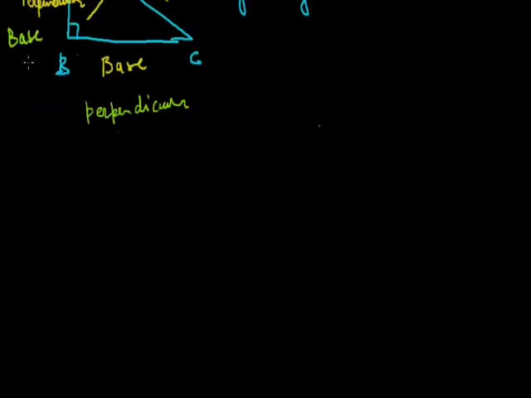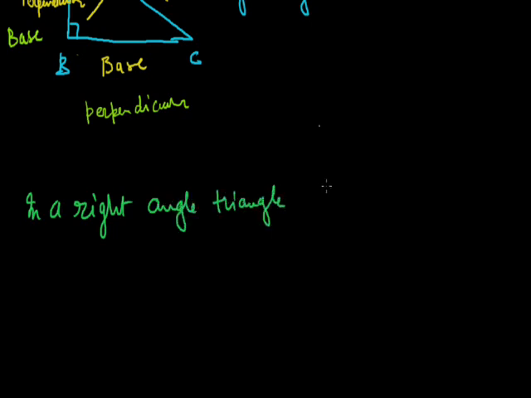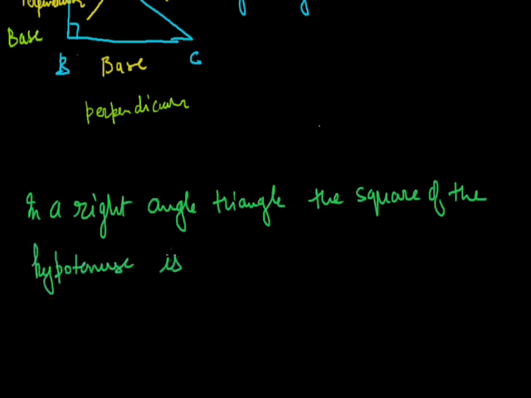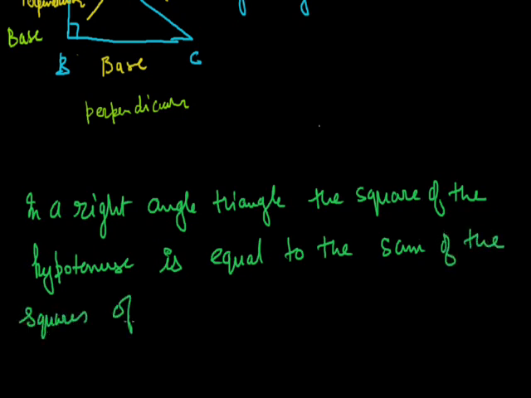Now what the Pythagoras theorem says is that in a right angle triangle, the square of the hypotenuse is equal to the sum of the squares of the other two sides.